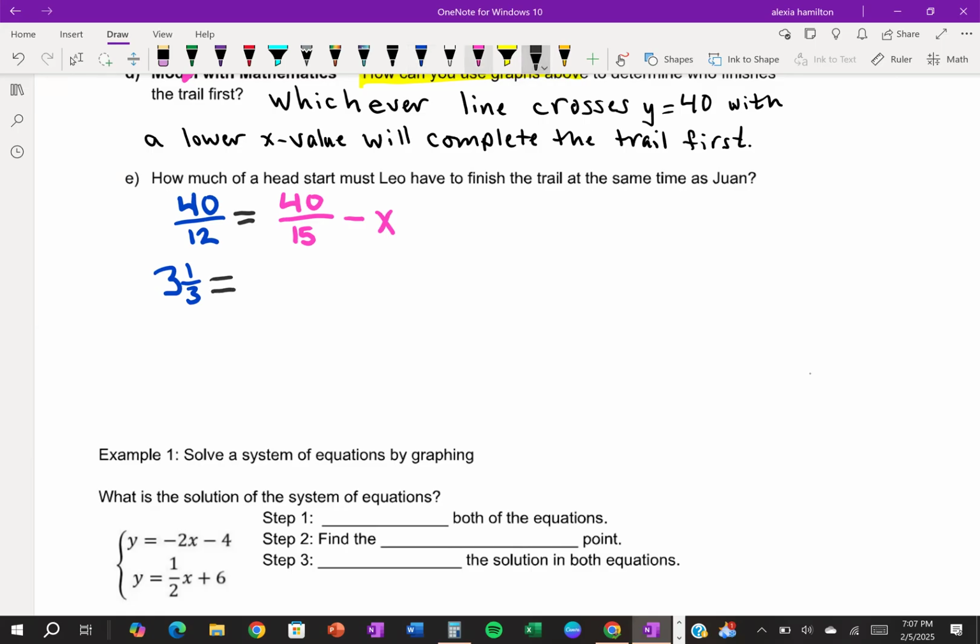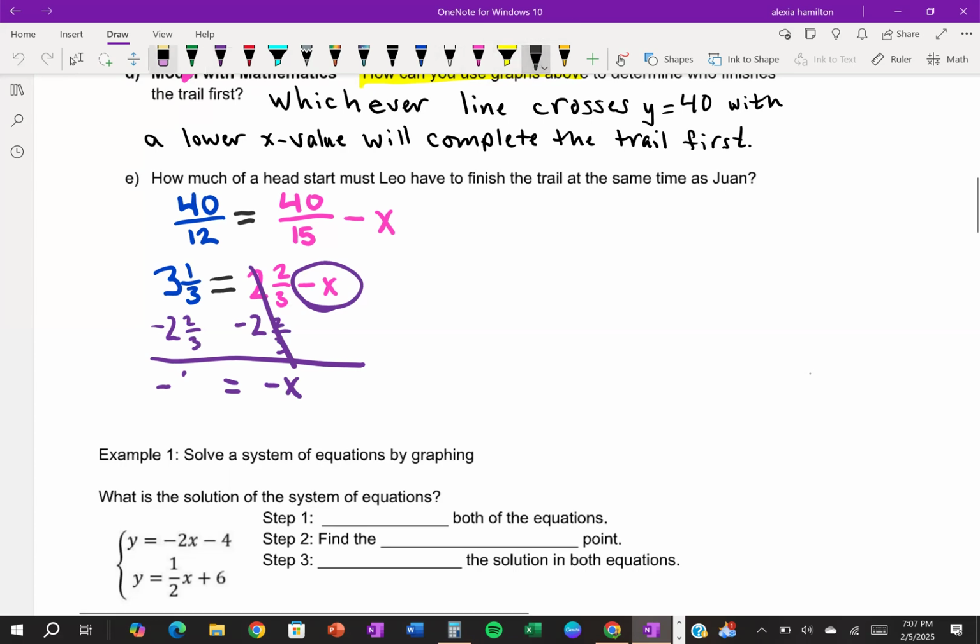That would be equal to 40 over 15 is 2 and 2/3. All right, so why is that helpful? Well, because now I can subtract 2 and 2/3 since I want x by itself. And I still have this negative x. That's going to be equal to 3 and 1/3 minus 2 and 2/3, which is 2/3.